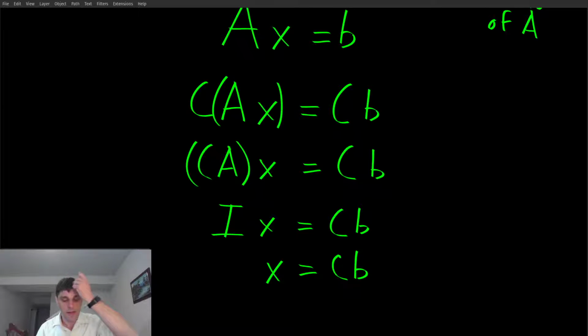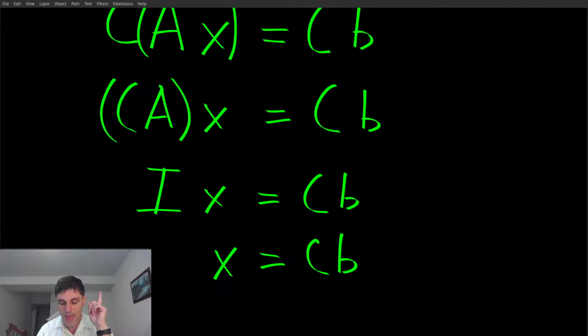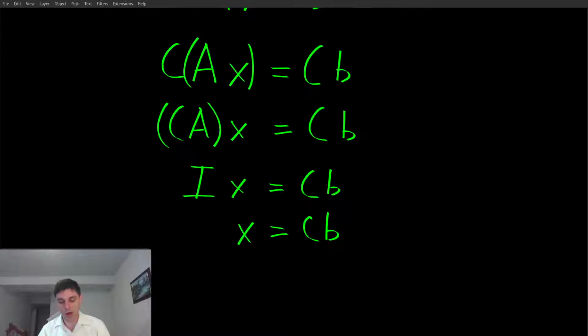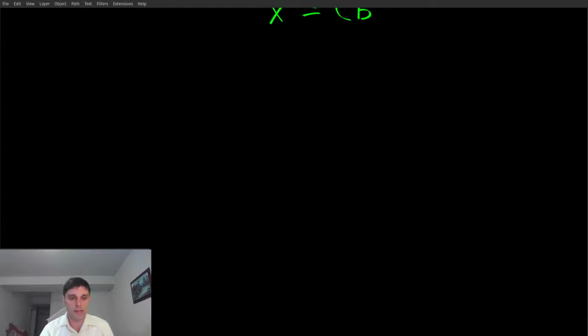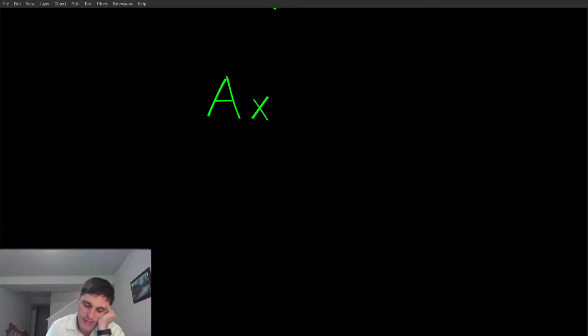And one thing to note is that if the matrix A has a left inverse, then its columns are going to be linearly independent. We can show that by looking at Ax equals 0.